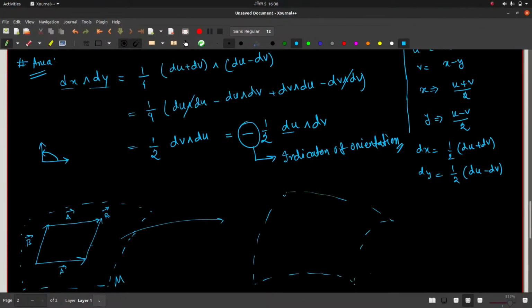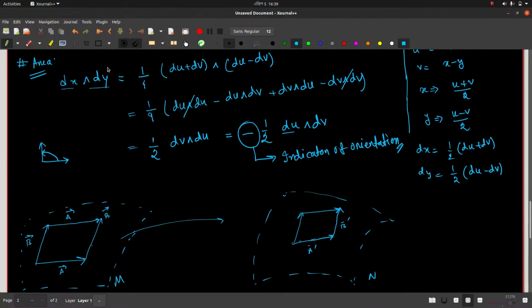So this is M, this is N, and let's say this is the pushed forward version of this area, right? So let's say this is some A prime, this is some B prime, and we'll see that they will yield the same result. Okay, so notice that these are area forms, and what do forms do? They eat up vectors. That's what we have learned so far, that if you have any kind of form, it will just eat your vectors up.